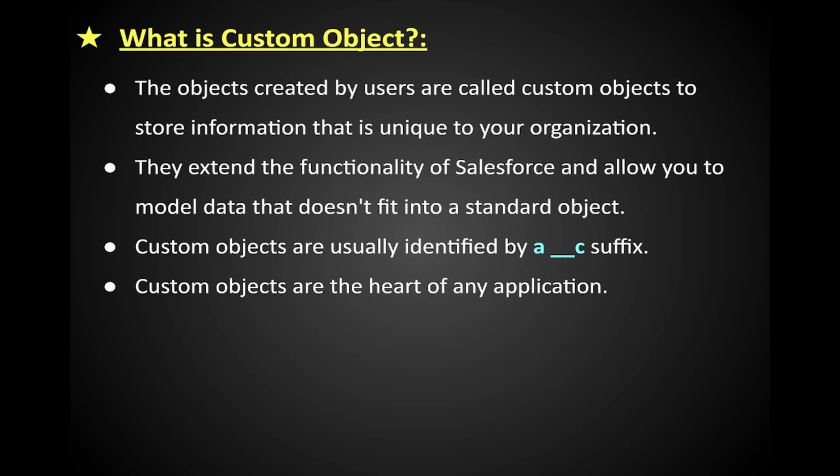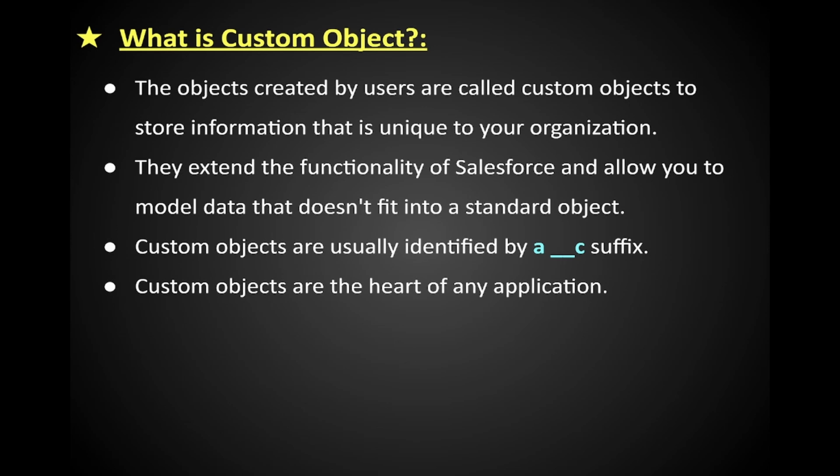They were using account and contact, but they wanted some more objects, and they wanted to store the course. We don't have a course object in Salesforce, so that's why we created a new custom object, course underscore underscore C. So that is a custom object, we can say.